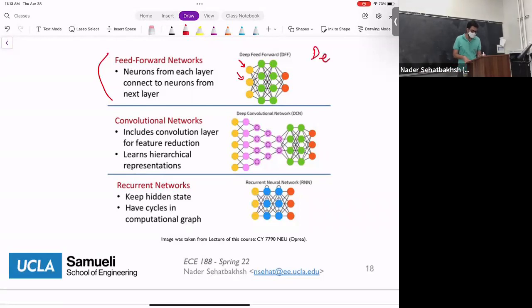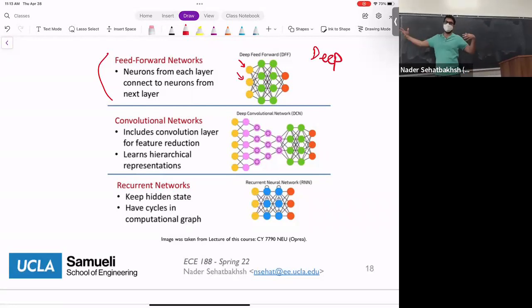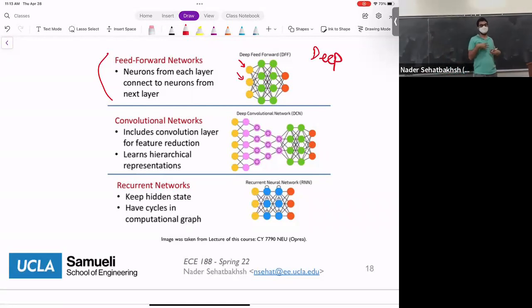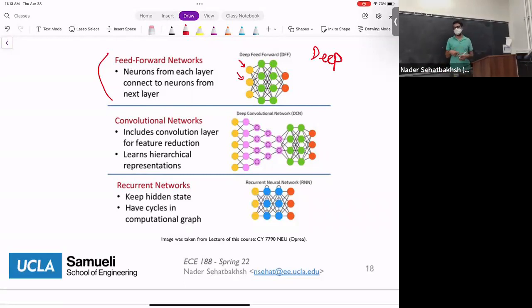The concept of deep means that the number of layers is larger than some threshold. So the difference between neural networks and deep neural networks is just that the number of layers is bigger and bigger. All right, so we can have deep feed-forward networks, which have lots of hidden layers in between, all of them connected to each other.